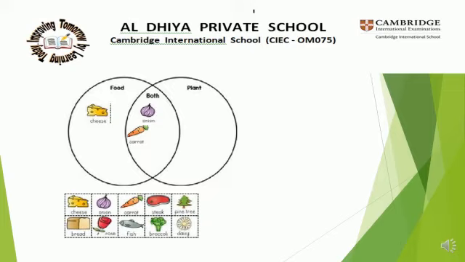What is the next one? Sticks. Sticks are food. See the next. What is the next in the data? Pine tree. Pine tree is completely a plant. That is not a food. So you have to draw the pine tree in plant. The next one is bread. Is bread a plant? No. So you have to write bread in the food.